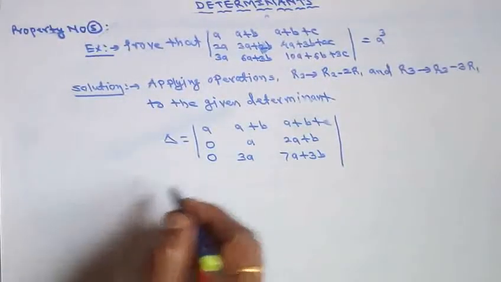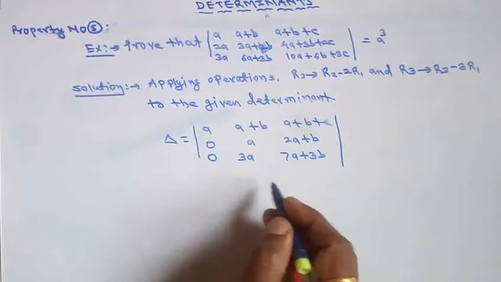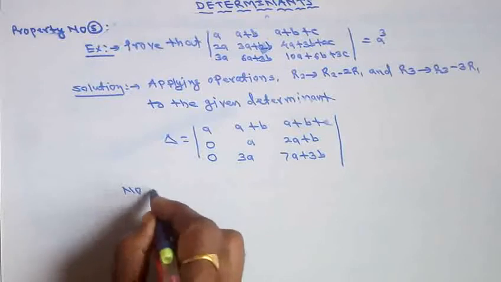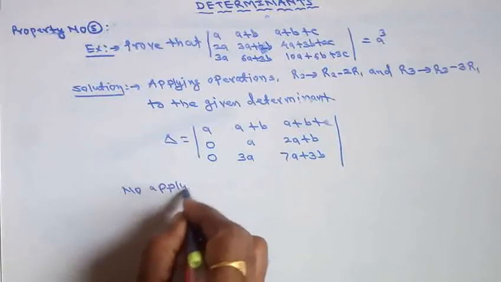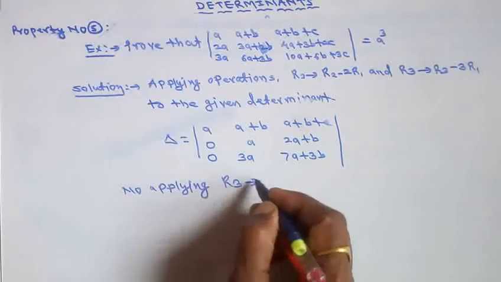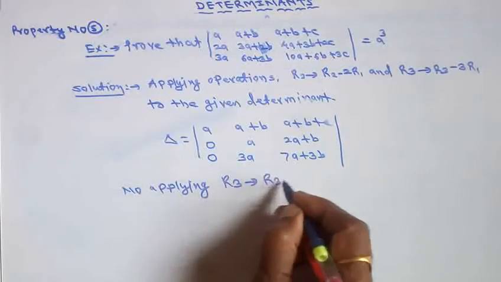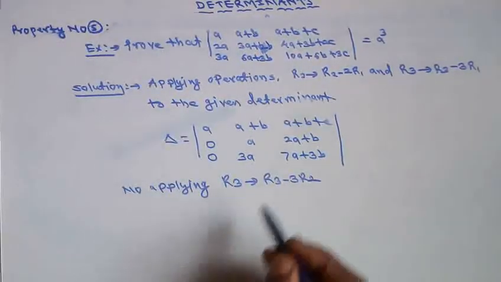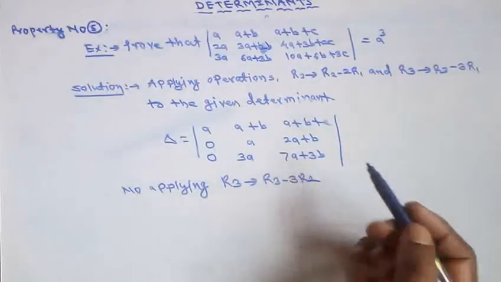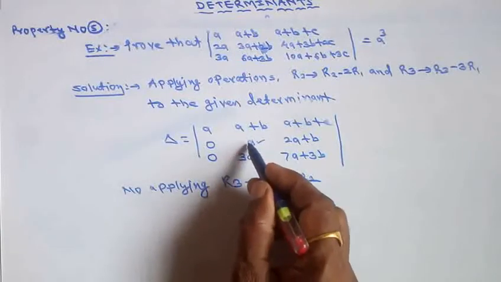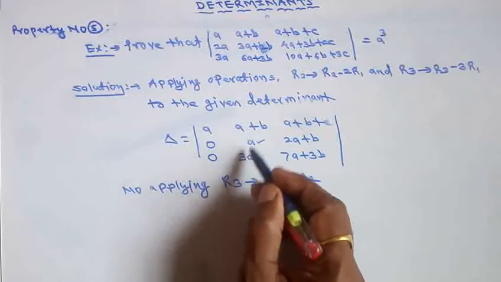Again try to bring more zeros. Now applying R3 as R3 minus 3 times R2. Here it is a only, so if I multiply this a by 3, 3a minus 3a becomes 0.